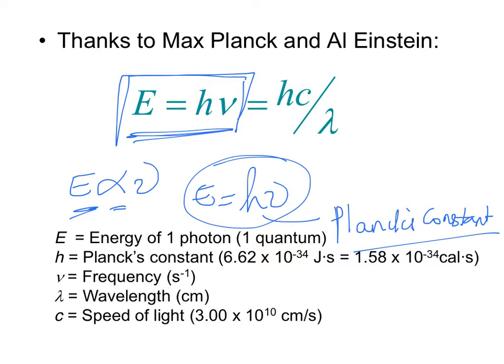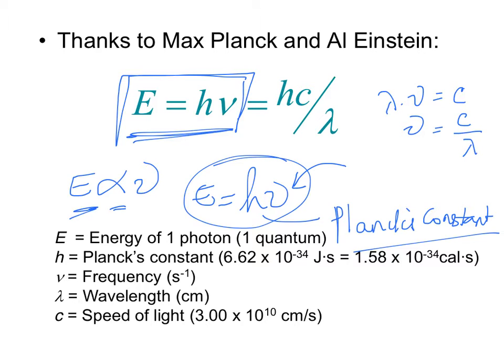And when we replace the value of nu, since we know that lambda times nu is equal to c, that would mean that nu is equal to c over lambda. We are dividing both the sides by lambda.